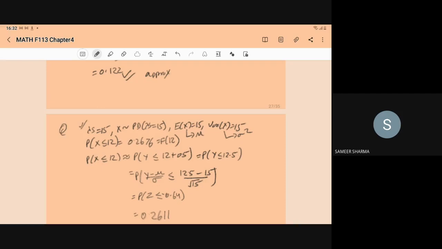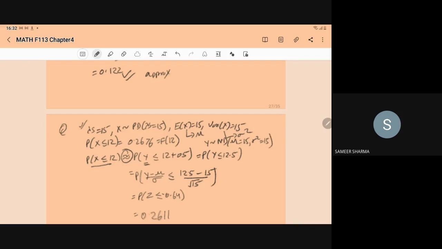Now this is the required probability that we are approximating by the normal variate. So let y follow the normal distribution with mu equal to 15 and variance equal to 15.